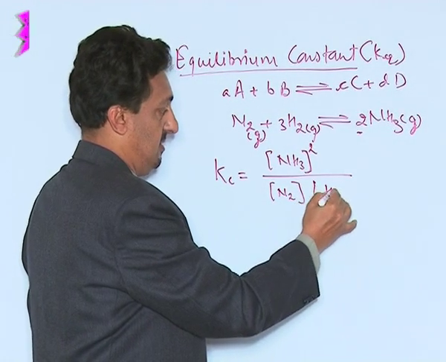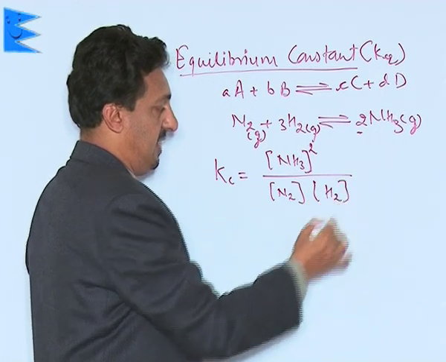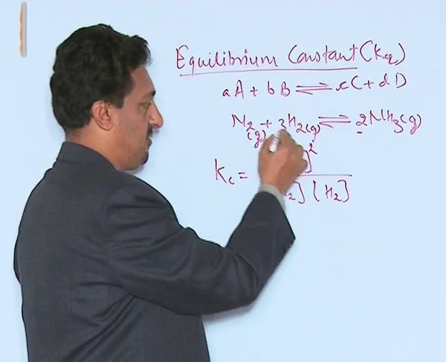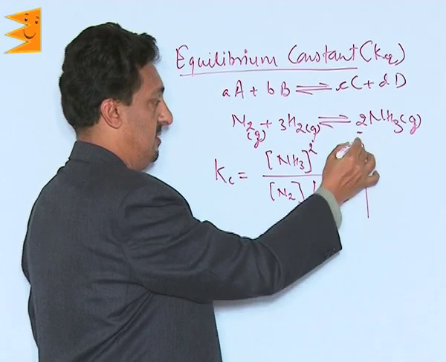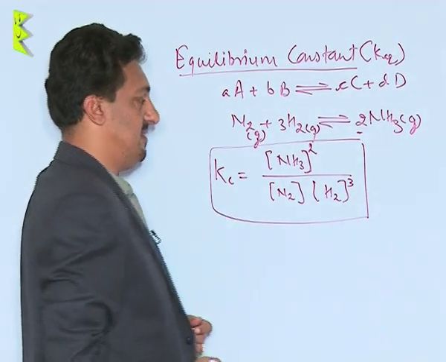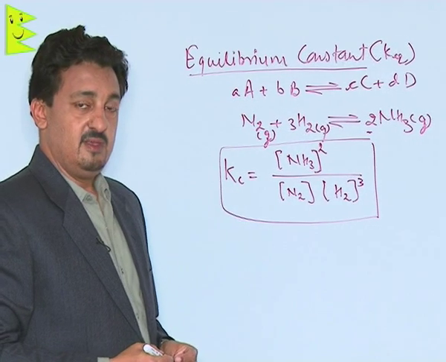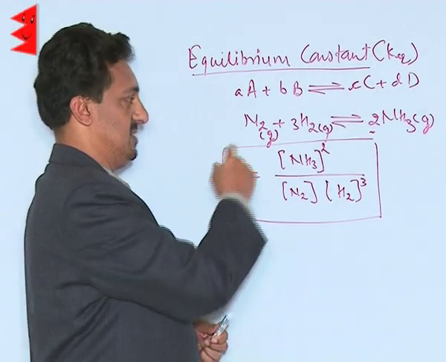The product of this will be done with the concentration of hydrogen, and since its coefficient is 3, we will take the cube of this. This is the expression for the Kc for this reaction.